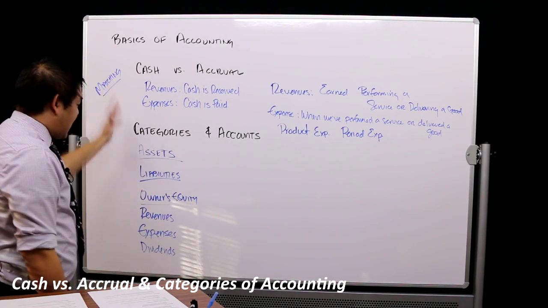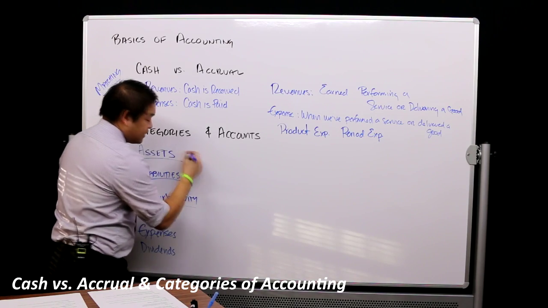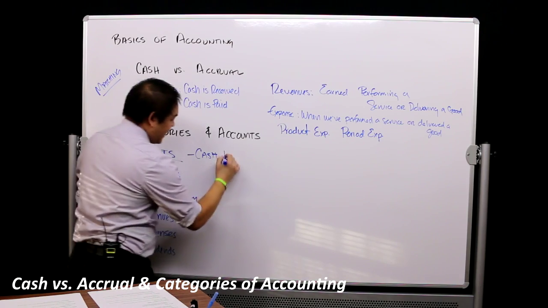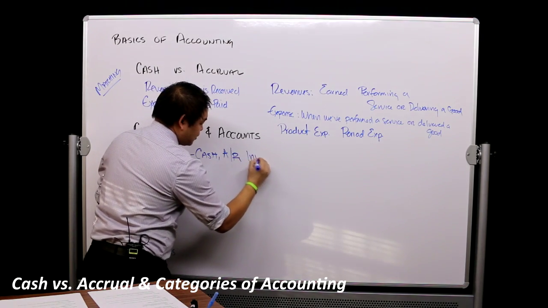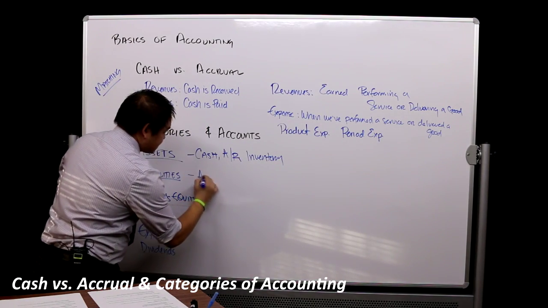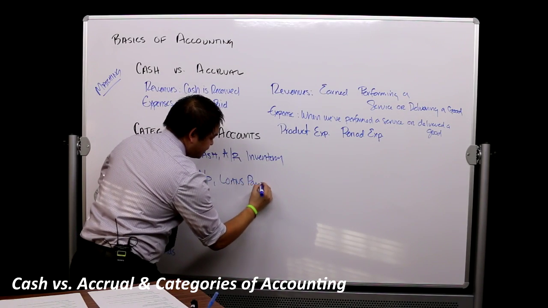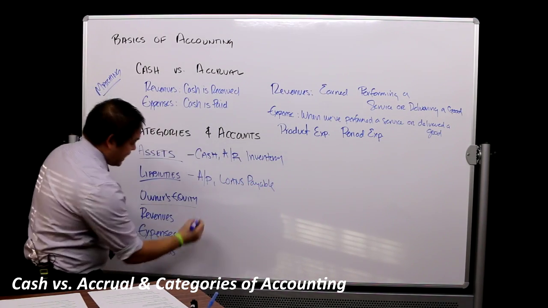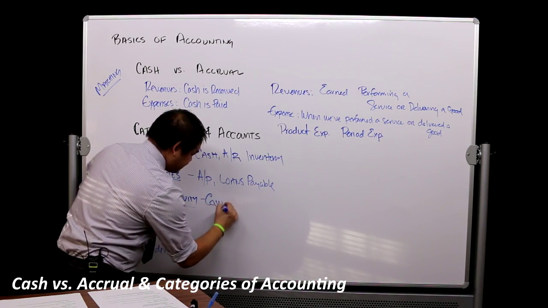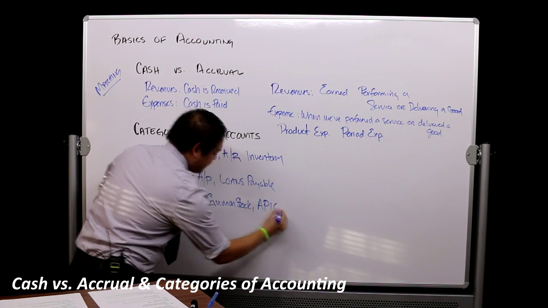Now, those are categories, and within each category are accounts. So we talked about examples of assets. We have cash, accounts receivable, inventory. Liabilities: accounts payable, loans payable. Owner's equity: typically we don't talk about this much, but common stock, additional paid in capital.